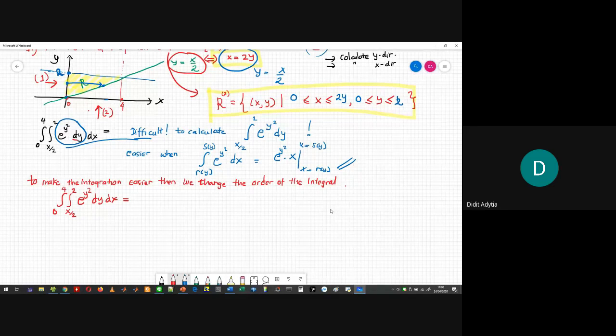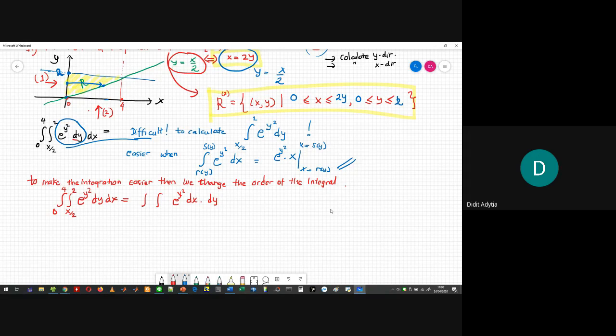And then we change the rule now. Okay, this is 2, the integral of e to the power of y square dx dy. Now it's dx, okay? And then dy. X-nya dari berapa?